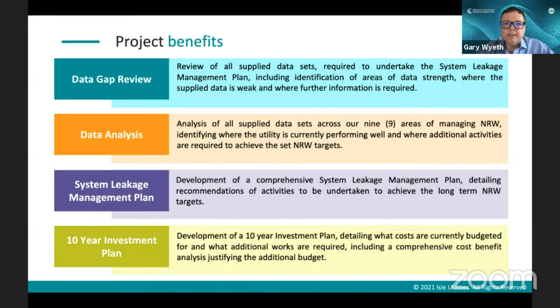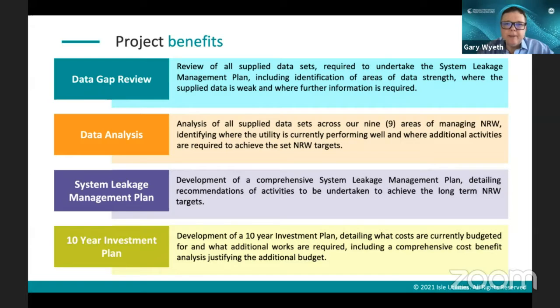They just looked at the data logger data on a monthly basis and determined which DMAs needed a bit of work. There was no real management of their DMAs. So the data analysis is looking to see what the utility is currently doing to manage non-revenue water itself, and identifying where there are weaknesses in their management programs.